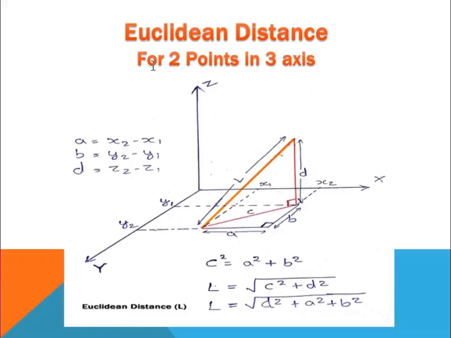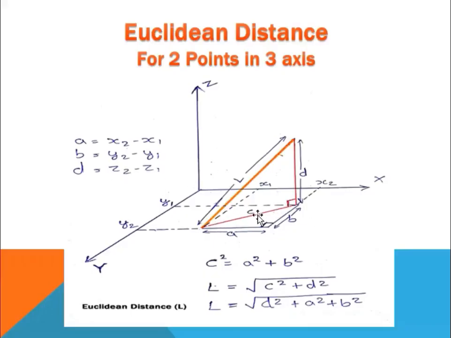Now this is the Euclidean distance for 2 points in 3 axes, that is x, y and z. Here A is the x distance between the 2 points, that is x2 minus x1. Similarly, B is the y-axis distance between the 2 points, that is y2 minus y1. And D is the z-axis distance between the 2 points, that is z2 minus z1.